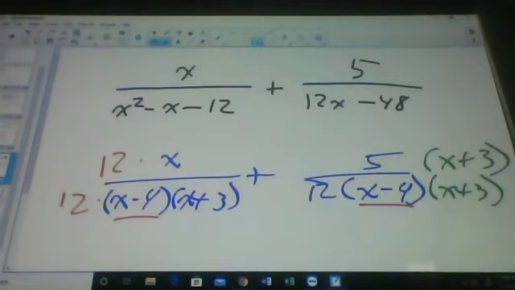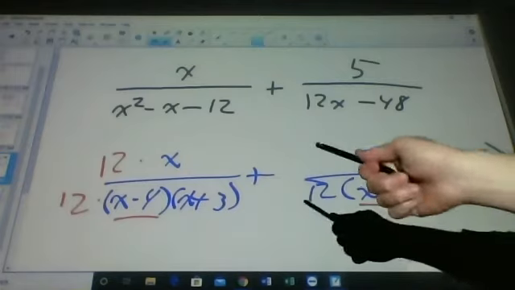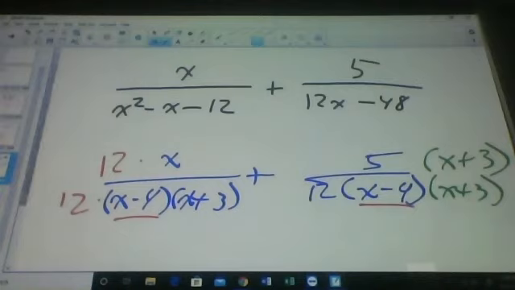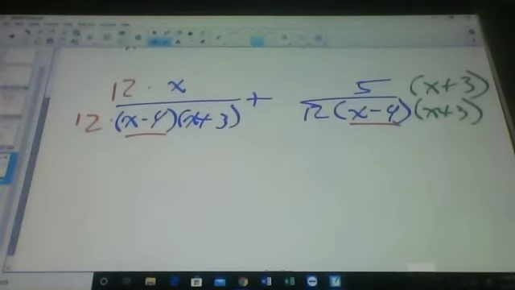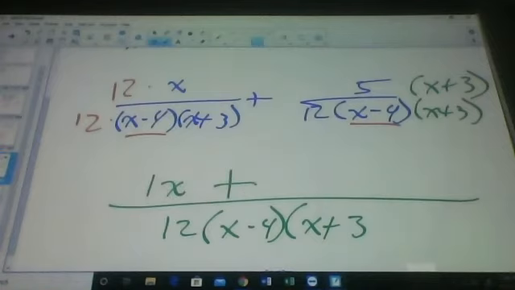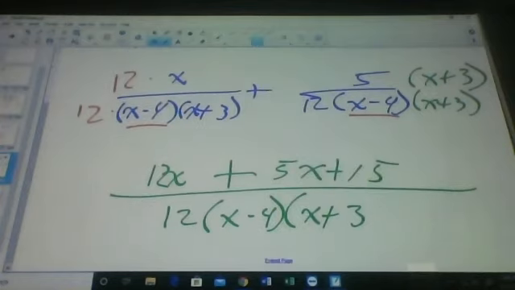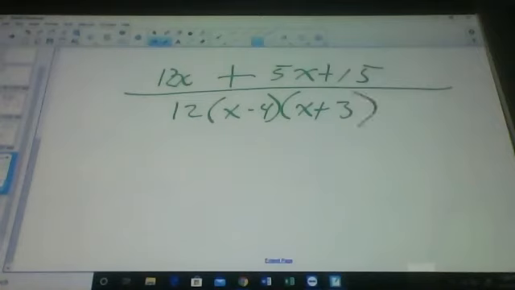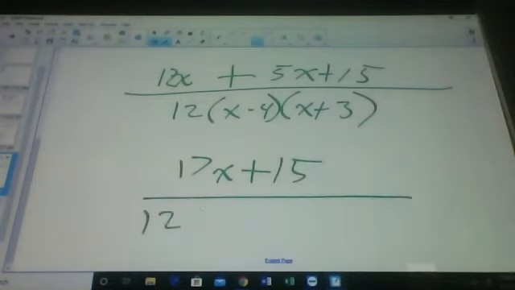I have a common denominator now, don't I? 12, x minus 4, x plus 3, same thing. So I've got 12x plus, if I distribute my 5, this is 5x plus 15, sorry. So 12x and 5x, 17x plus 15, which does not factor over this.